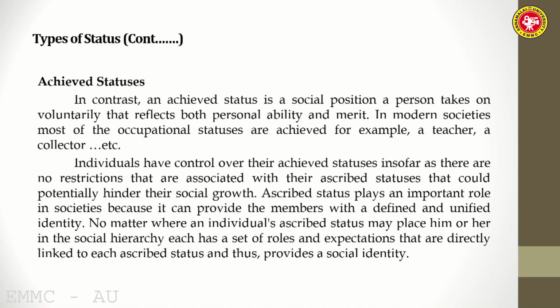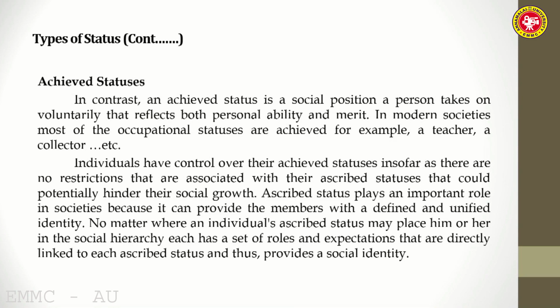In modern societies, most of the occupational statuses are achieved, for example, a teacher, a collector, etc. Individuals have control over their achieved status in so far as there are no restrictions associated with their ascribed status that could potentially hinder their social growth.